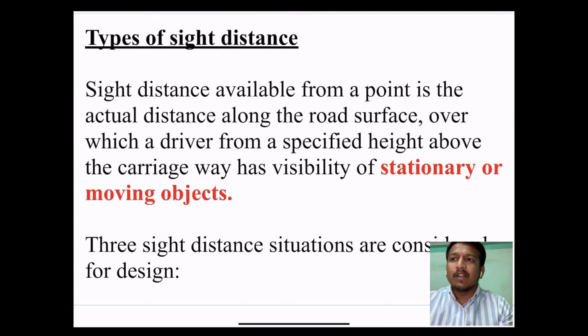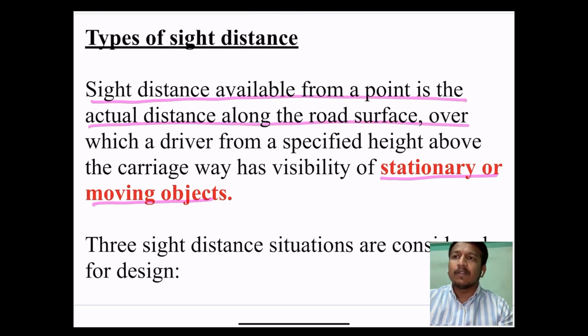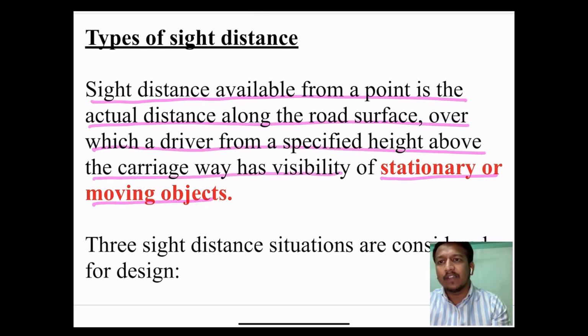Sight distance available from the road is the actual distance along the road surface over which a driver from a specific height above the carriageway has visibility of the object. The visible object may be a stationary object or a moving object.